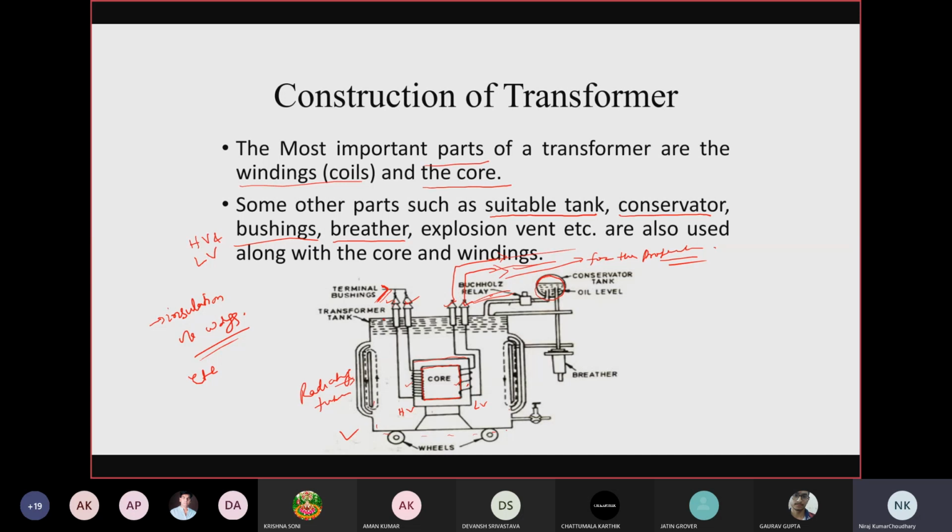Suppose the oil was earlier up to here, and now after overheating it expands, then it will follow this path through this narrow tube and be stored in the conservator tank, right? Again, when the temperature of the transformer goes down, this oil will come back to the transformer main tank, right?